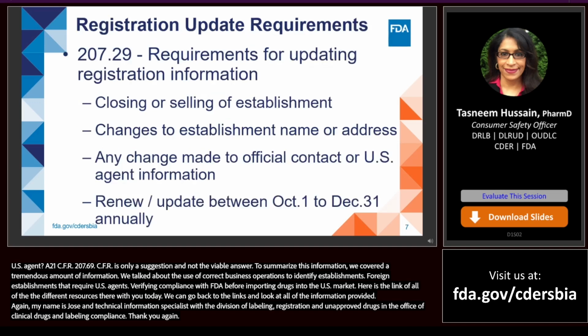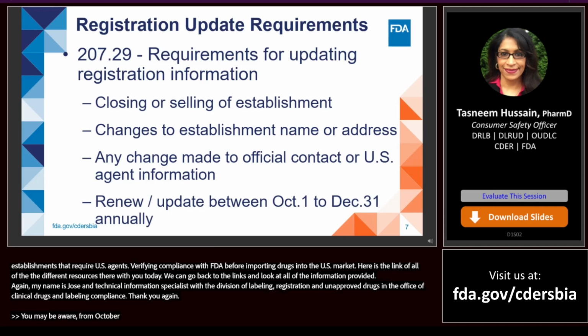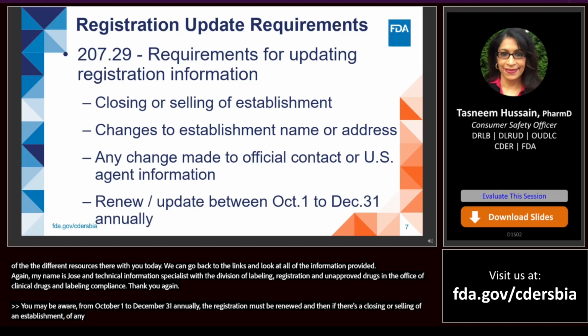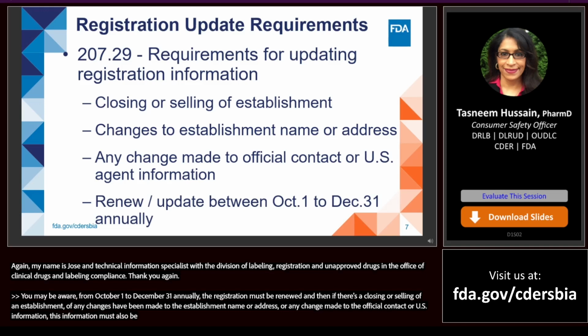207.29 has the requirements for updating the registration information. So you may be aware already that between October 1 to December 31 annually, the registration must be renewed. And then if there's a closing or selling of an establishment, if any changes have been made to the establishment name or address, or any change made to the official contact or U.S. agent information, this information must also be sent to FDA within 30 days of a change.